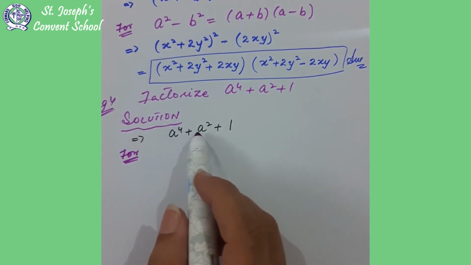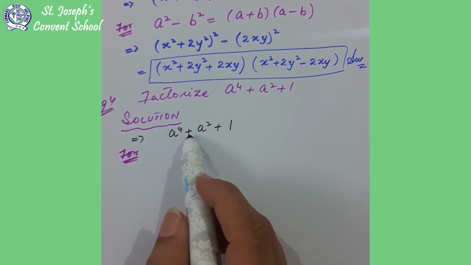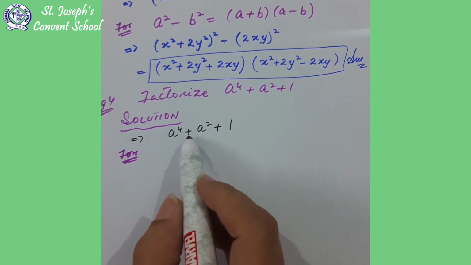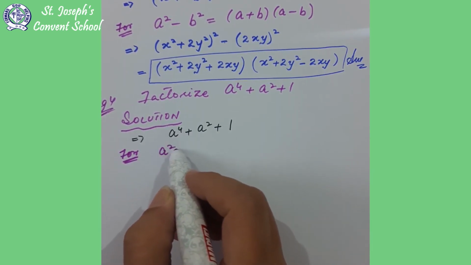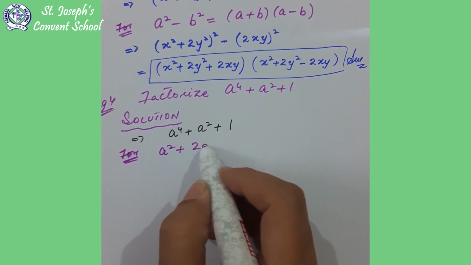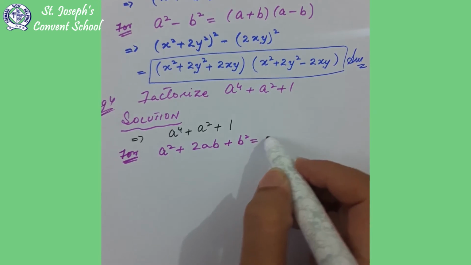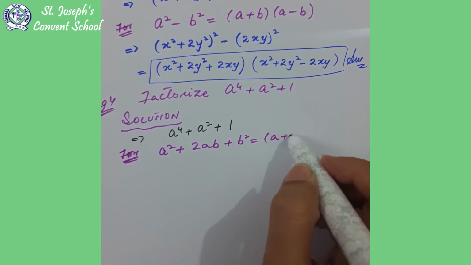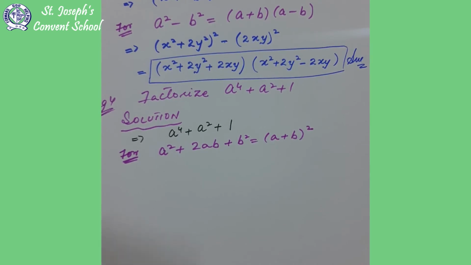And if three terms are given and the question is incomplete, you will apply the formula according to the middle term sign. So middle term is with plus sign, we will apply plus formula. a square plus 2ab plus b square equals a plus b the whole square. So we are applying plus formula. Why?